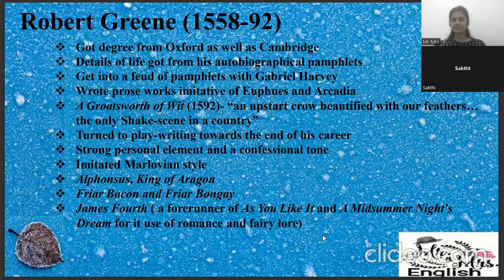In the first introductory part on the University Wits, I told you that most of these people didn't consider writers who were not university educated to be worthy enough. Robert Greene was very popular and dominant among them. He thought only university educated, only those branded people, can write well or contribute well.